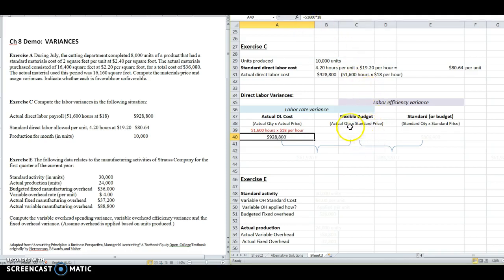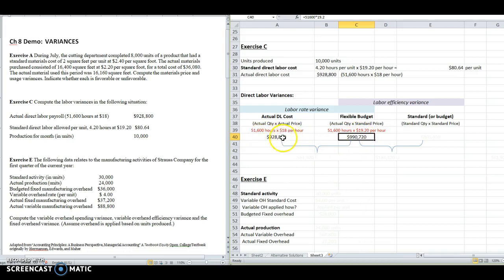For my flexible budget, we want the actual quantity, so the actual quantity would be the 51,600 hours, but we want the standard price, so that's the standard price per hour, because our quantity is based on hours, so we want to make sure that our price is also based on hours. So we're looking at $19.20 per hour. If we multiply those together, we'll get $990,720.